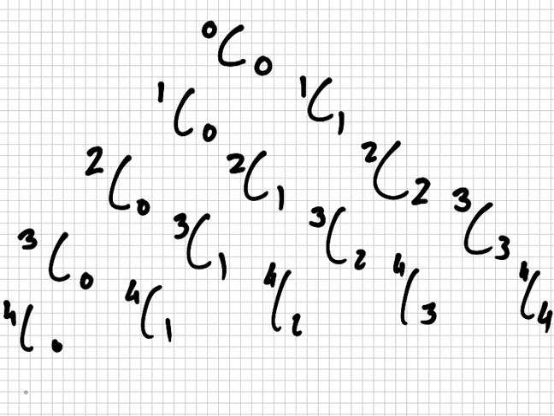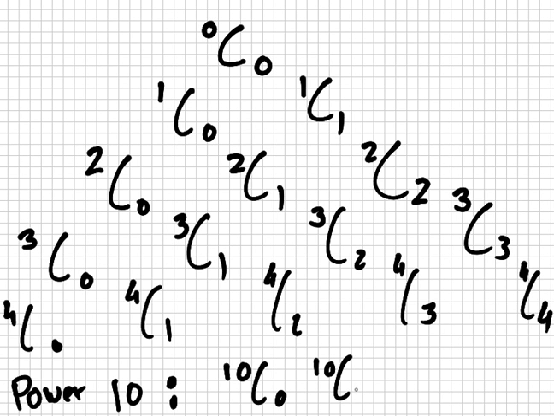If you want to do power 10, then you'd have to calculate on your calculator 10C0, 10C1, 10C2, etc. So this is a lot quicker than drawing the triangle. That's the point. You don't need to draw the triangle now.